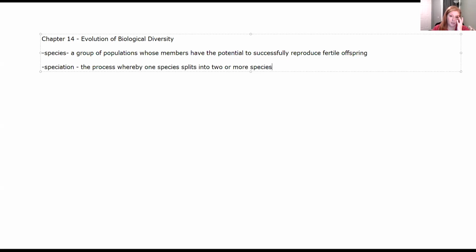And then we have something called speciation. Pretty straightforward. You have one species that can split into two or more species. And this can happen because of any type of reproductive barrier that a species can encounter.